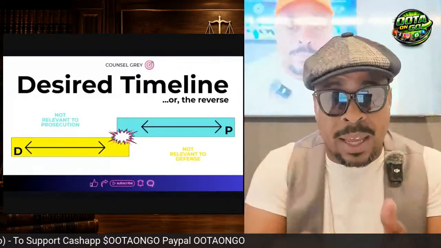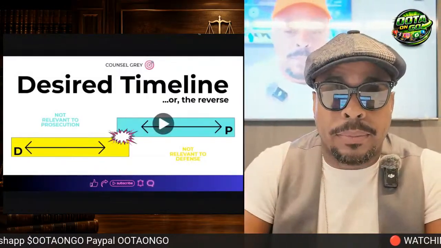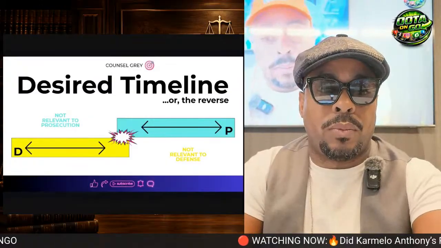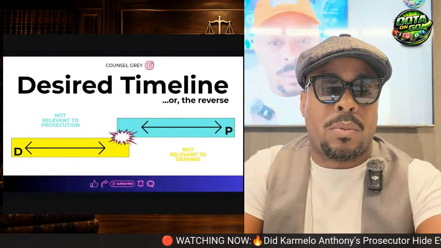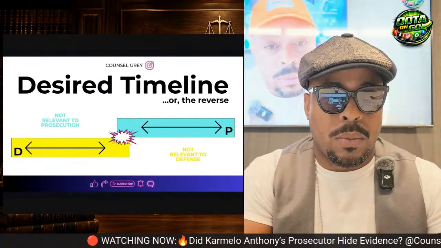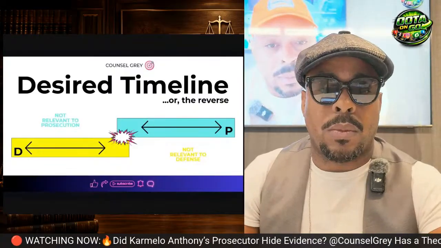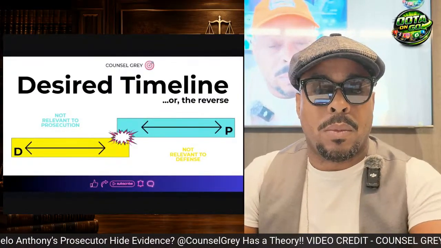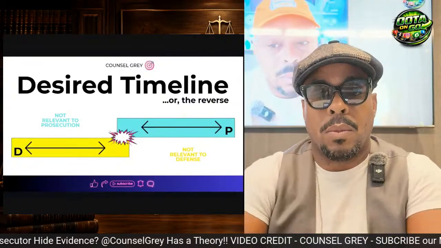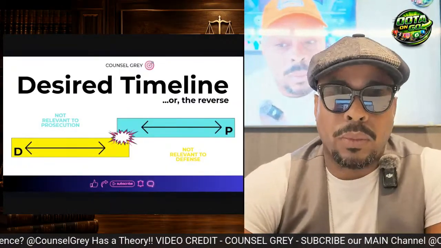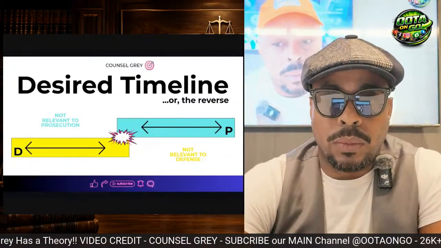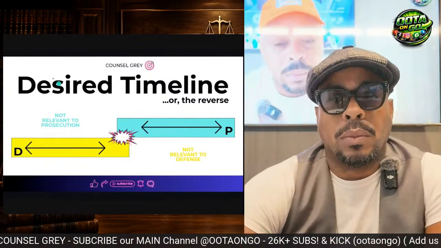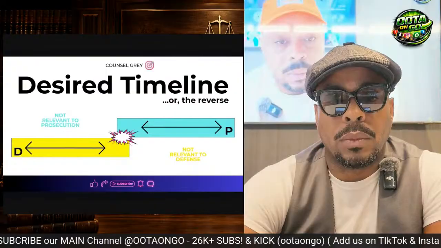The prosecution's only trying to prove everything from the event forward, and that's what we're looking at in this diagram. Each party wants to narrow the timeline to those incidents which most support their case. If you look at the slide I have up, the top blue line is what the prosecutor wants.